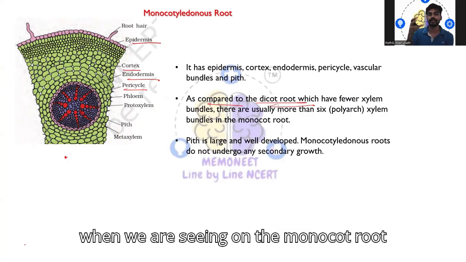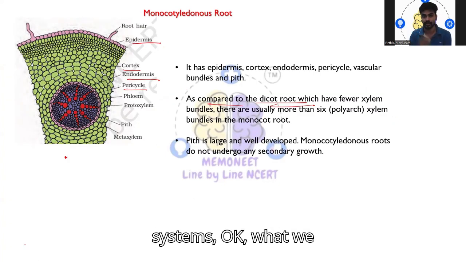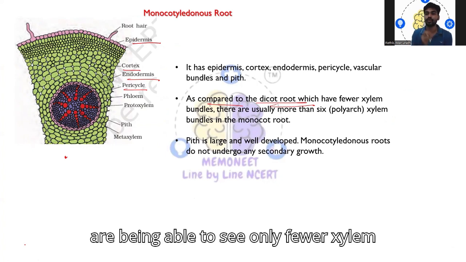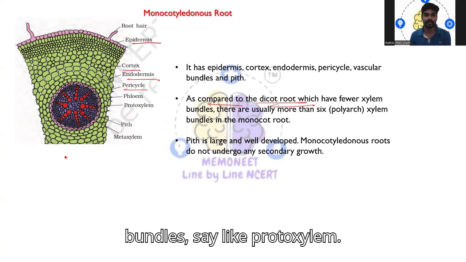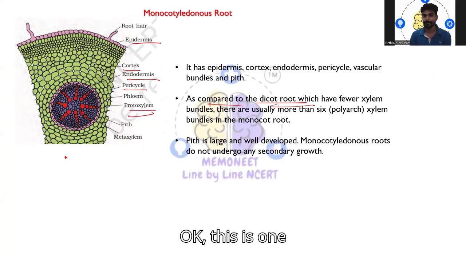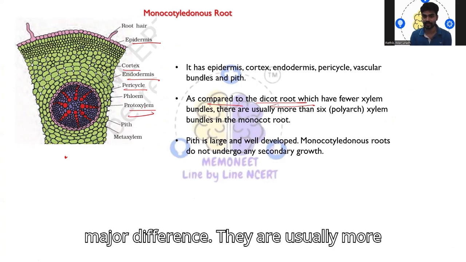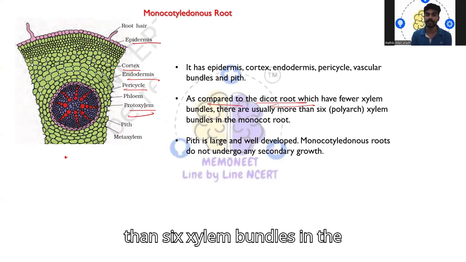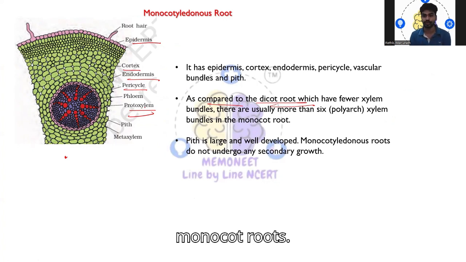But when we look at the monocot root system, this is one major difference: there are usually more than 6 xylem bundles in monocot roots.